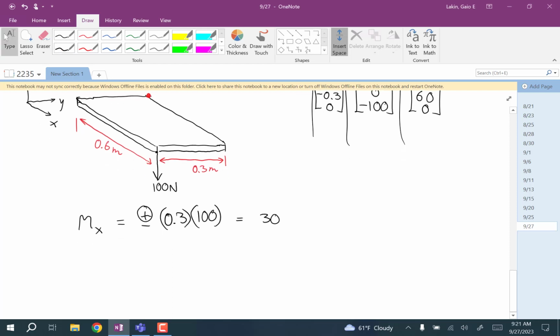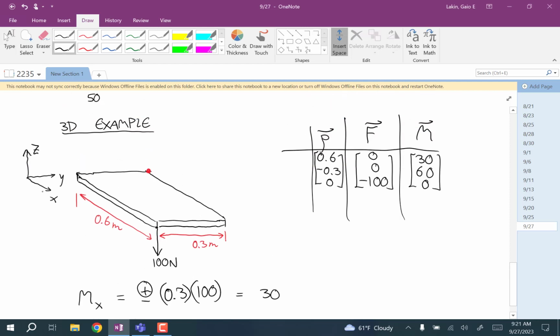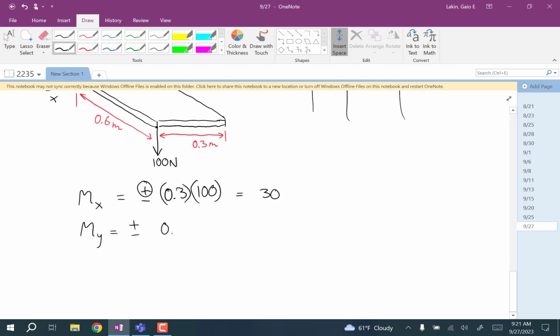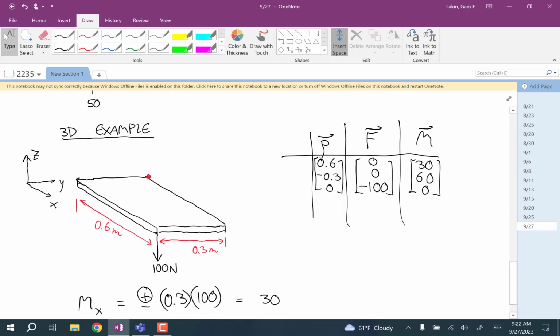How about the y now? So we have plus or minus. For a rotation about the y-axis, can you see what the moment arm would be? 0.6. Yep. So 0.6. The force is 100. And would that make it rotate in the positive y direction or the negative y direction?